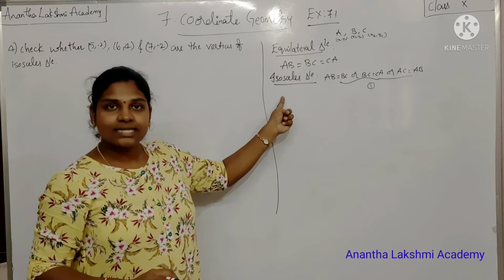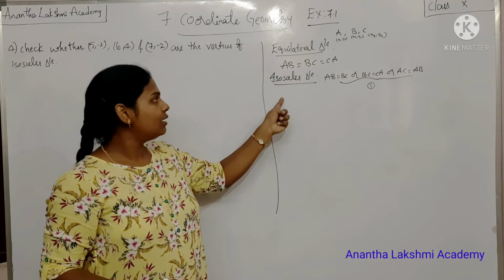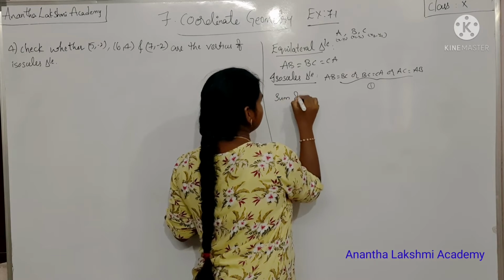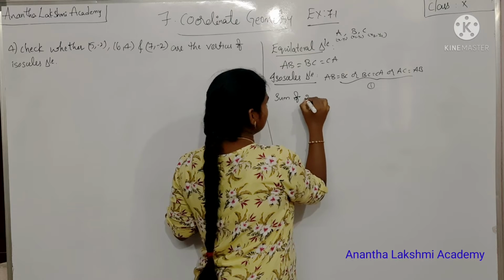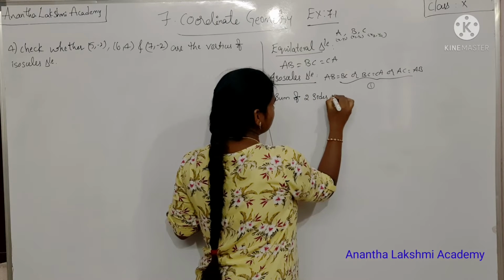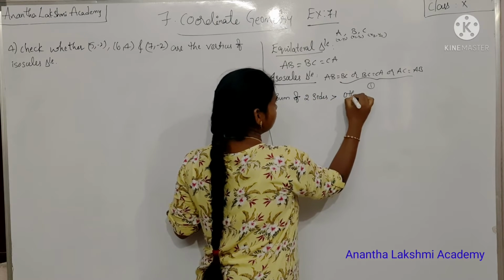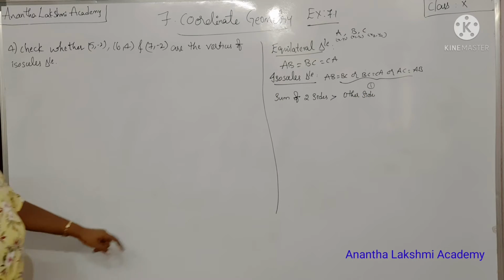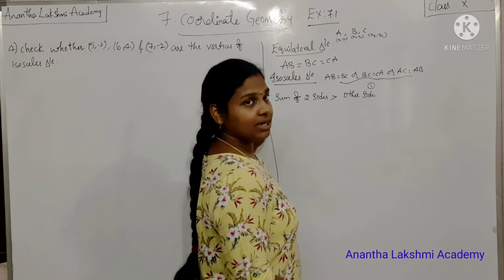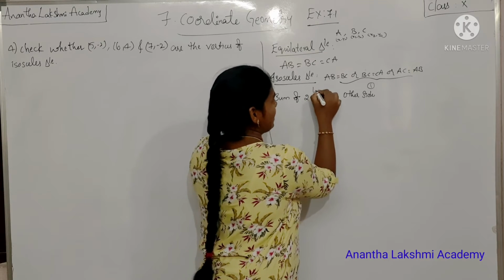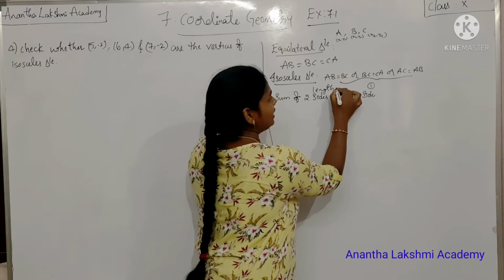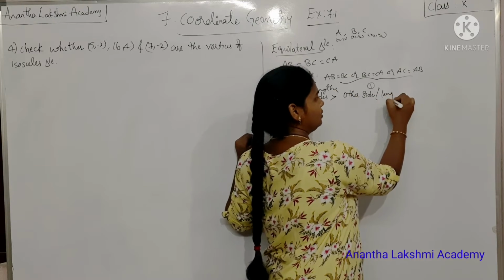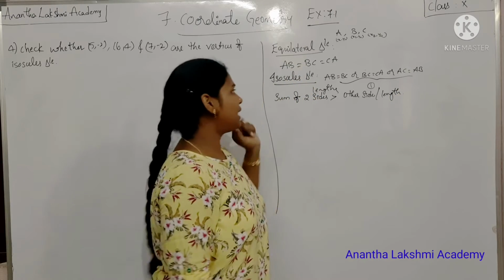And since it is an isosceles triangle, the sum of any two sides, meaning any two lengths, should be greater than the other side. Okay, that is about triangles.